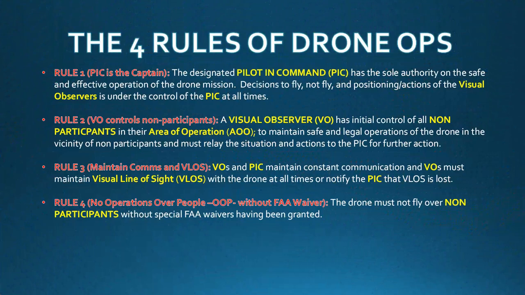And then rule 4, no operations over people, known as OOP, without FAA waivers. The drone must not fly over non-participants without special FAA waivers having been granted, or if the drone falls under an approved category, 1, 2, 3, or 4, that allow it to then fly over people. But it's not easy for drones to meet those categories.